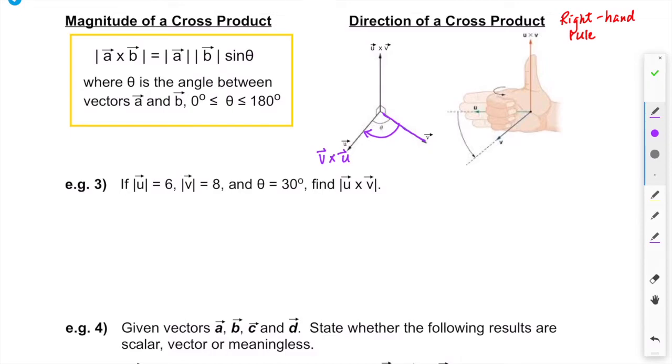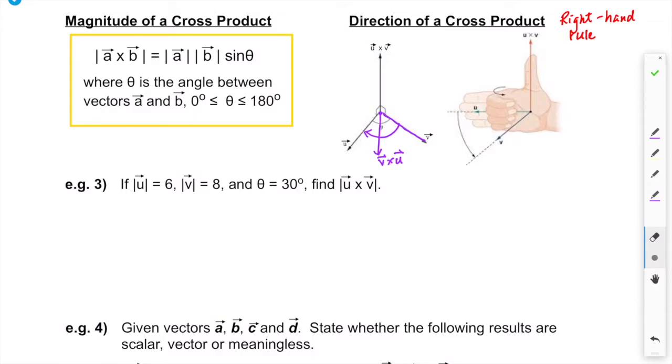Naturally, which way is your thumb pointing towards? Your thumb should be pointing towards the down position. And clearly you can see why U cross V is the opposite, is negative of V cross U, now using the right-hand rule.